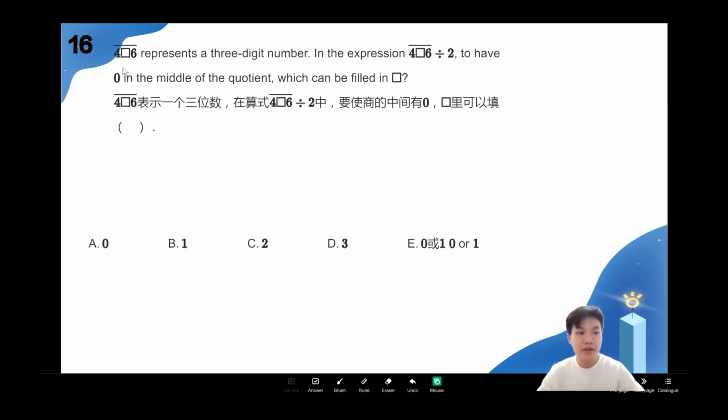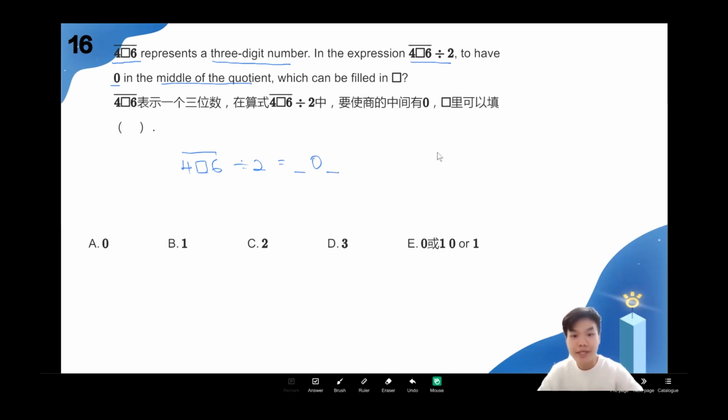Question 16. 4 square 6 represents a 3-digit number. In the expression 4 square 6 divided by 2, to have 0 in the middle of the quotient, which can be filled in the square? We can take a look. 4 square 6 divided by 2. We must have a 0 in the middle of the quotient.